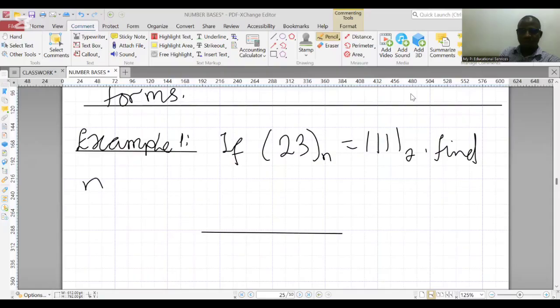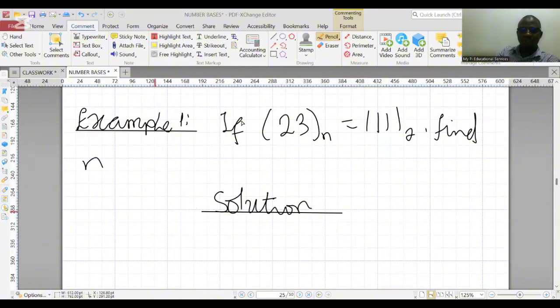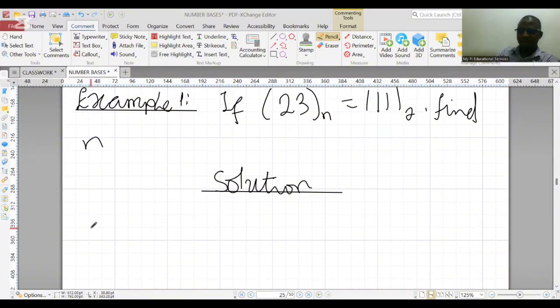Solution. So the first thing we need to do is convert both bases to base 10. So we have 23 base n equals 1111 base 2.